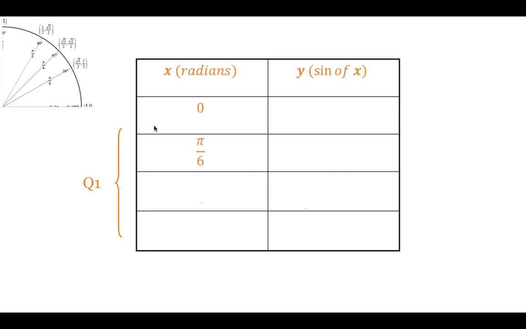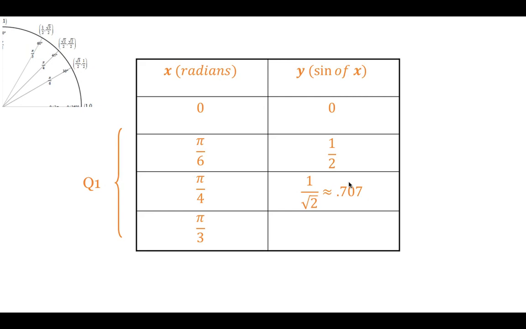So I'm going to start with 0, pi over 6, pi over 4, and pi over 3. We're going to work in radians right now. At 0, my output is 0. When my input is pi over 6, my output is 1/2. When my input is pi over 4, my output is 1 over root 2, or root 2 over 2, which I'm going to approximate to 0.707, just for the purposes of graphing.